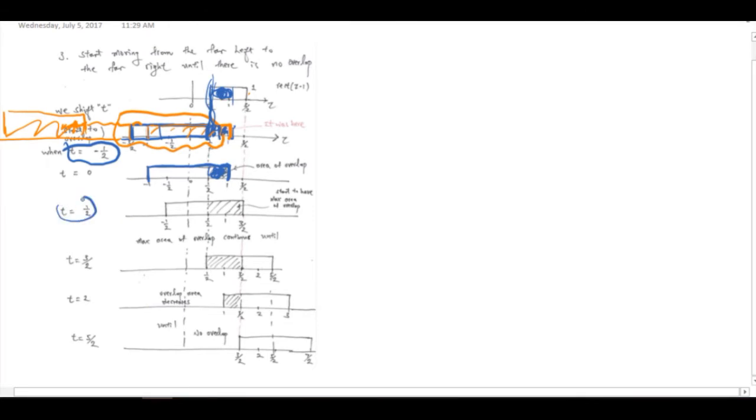When t becomes half, what you can see is this is overlapping. So when t is half, we start to have maximum overlap.